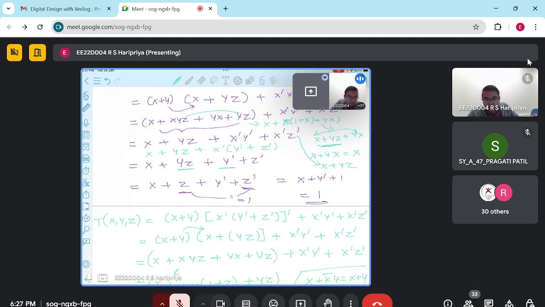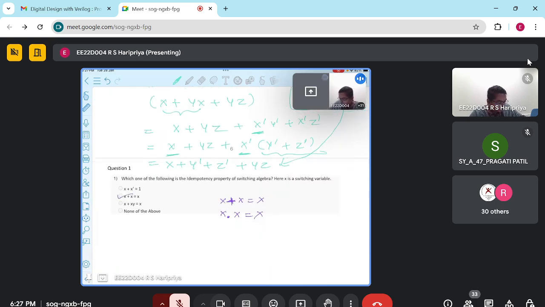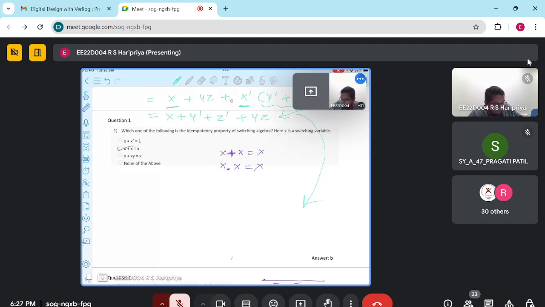So by applying the absorption law, you will be able to get x plus y complement plus z complement plus yz. So again, x plus x complement y gives x plus y. This is the absorption law. So this.